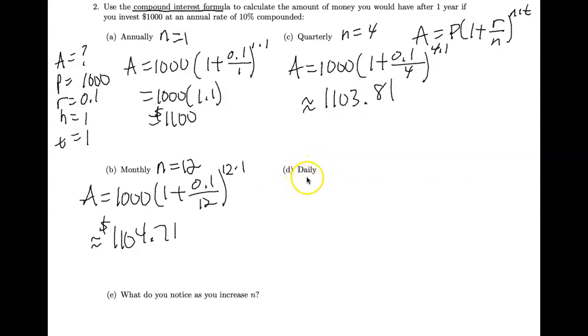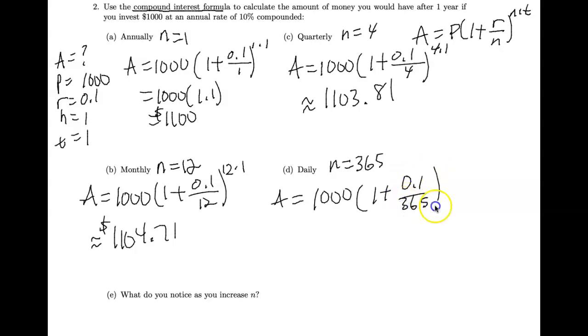And lastly is daily, so how many days are in a year? That's going to be 365. And plugging everything in, we'll end up with 1 plus 0.1 over 365, to the 365 times 1.